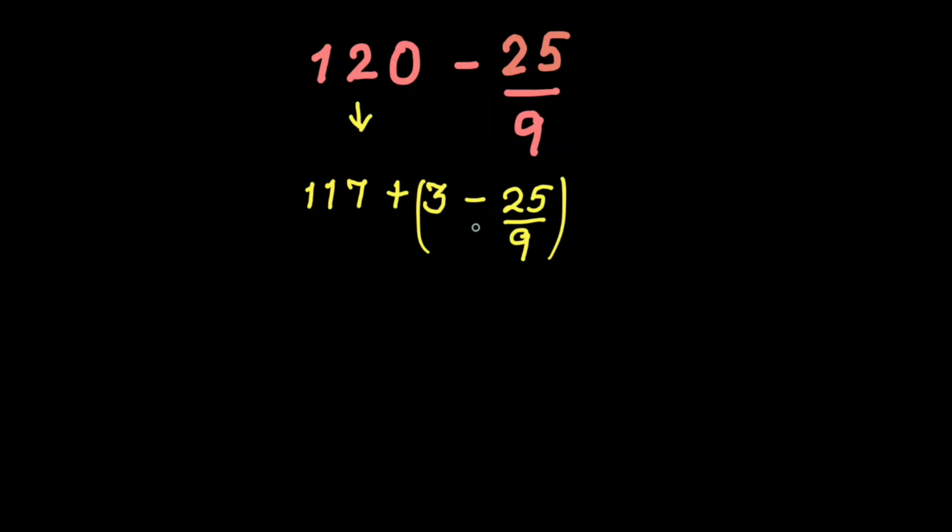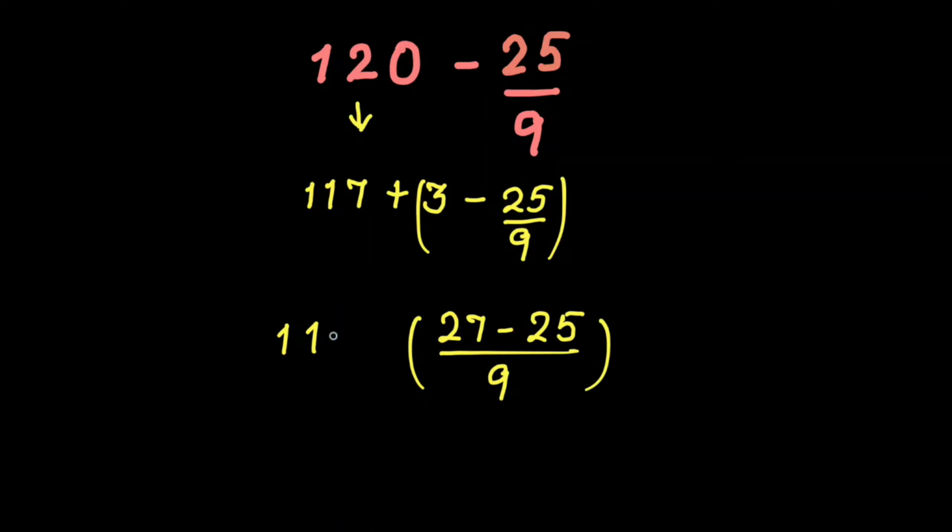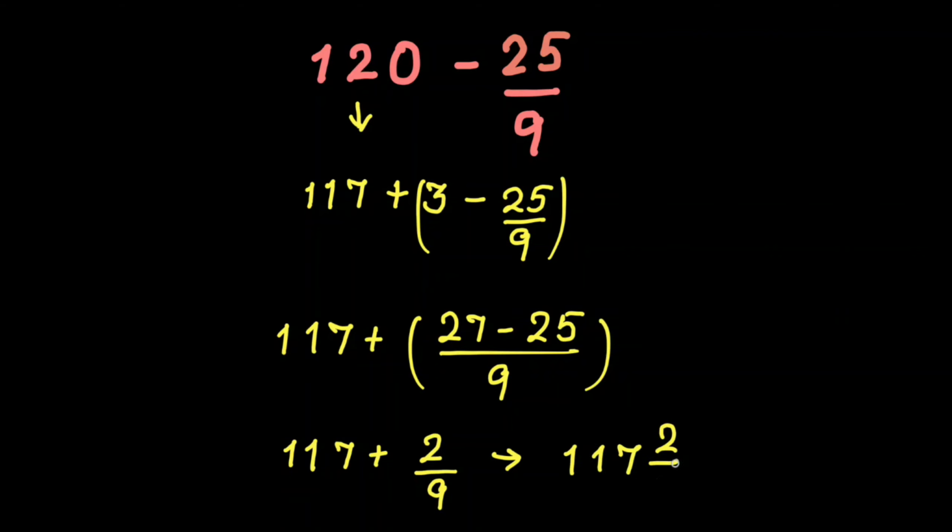So when you multiply 9 by 3, and now simply write it 117 2 by 9.